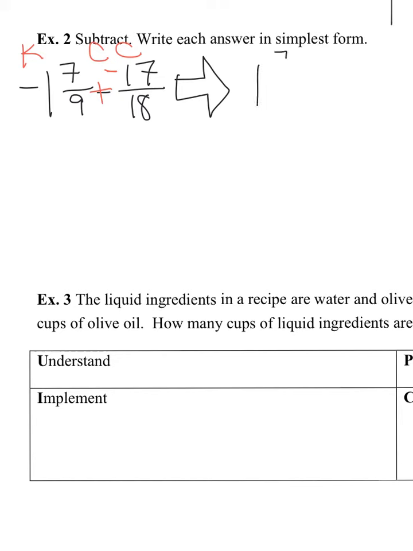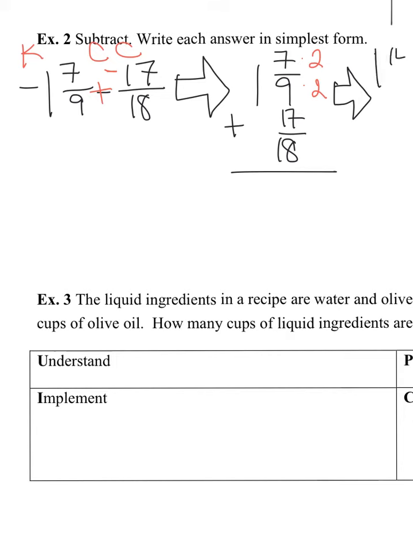I'm going to go ahead and write my fraction problem vertically, lining up my fraction parts. Since this one doesn't have a whole number, I could write a 0 there, or I could just leave it blank. All right, now here I do need to have a common denominator, and I'm lucky because 9 actually goes into 18, which means I can rewrite my problem fairly quickly.